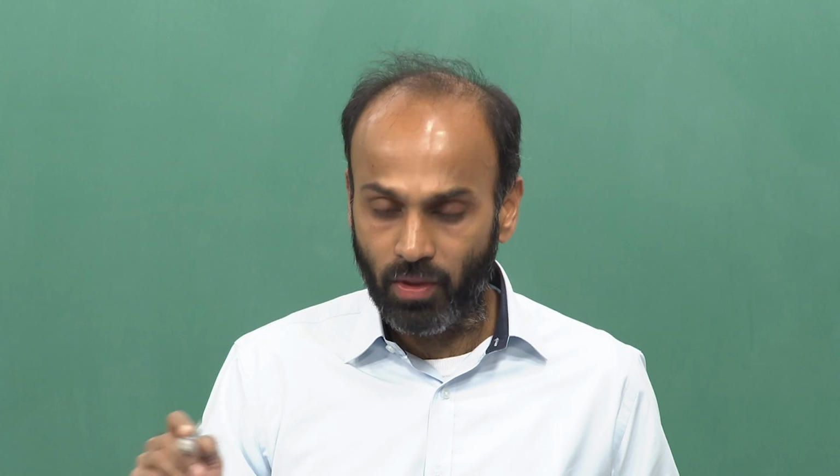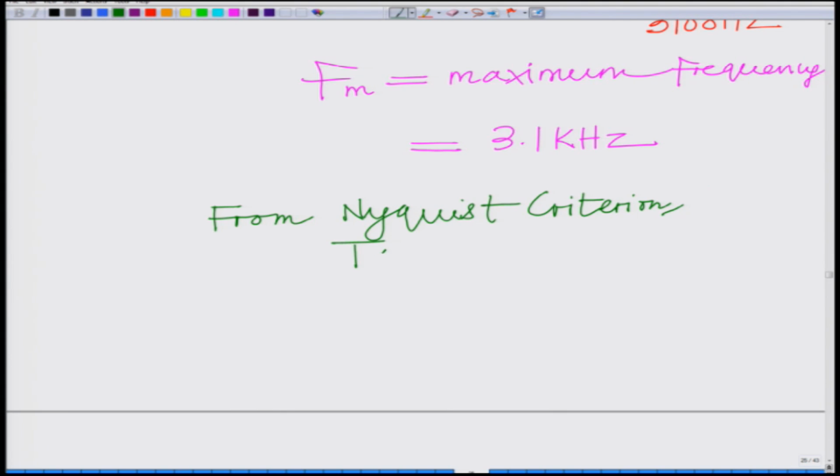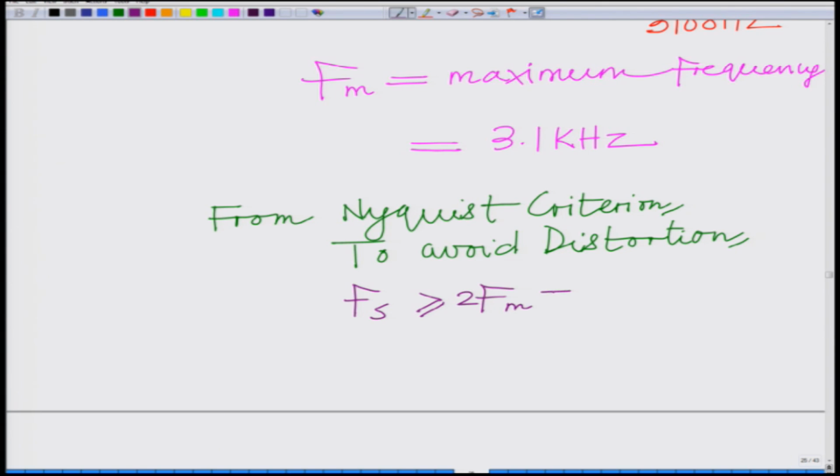Now, therefore, the sampling frequency Fs from the Nyquist criterion, to avoid distortion, we need Fs greater than or equal to twice Fm, which is twice 3.1 kilohertz, that is equal to 6.2 kilohertz.